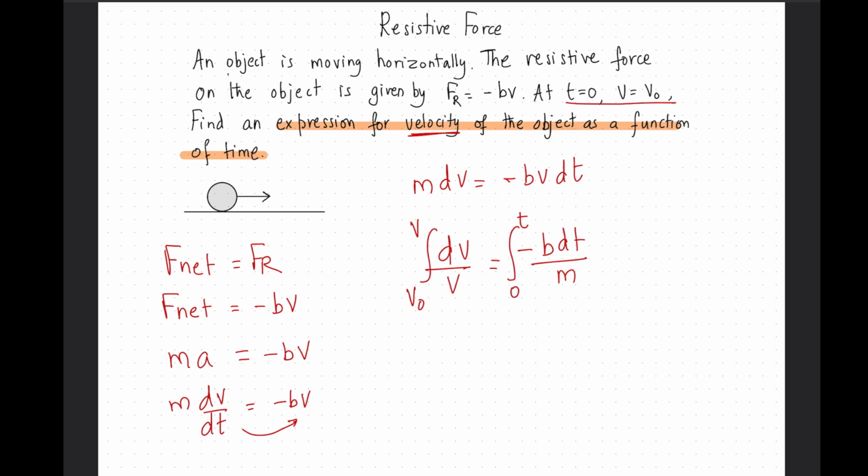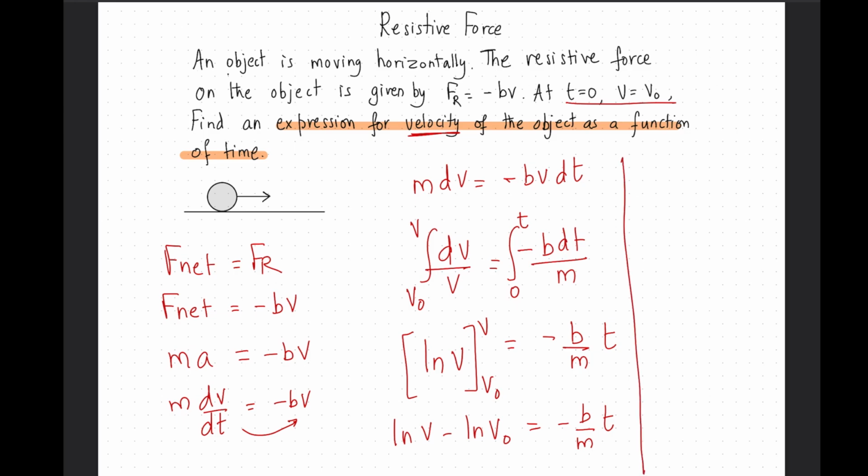Okay, now integration: when you do the integration of 1 over v, you can see that v is in the denominator, so we are going to get natural log ln v, and the limits are v0 and v, equal to negative b over m. They are constants, they can come out, and when I do the integral of dt, I'm going to get t. Now ln v minus ln v0, by applying the limits, equals negative b over m multiplied by time.